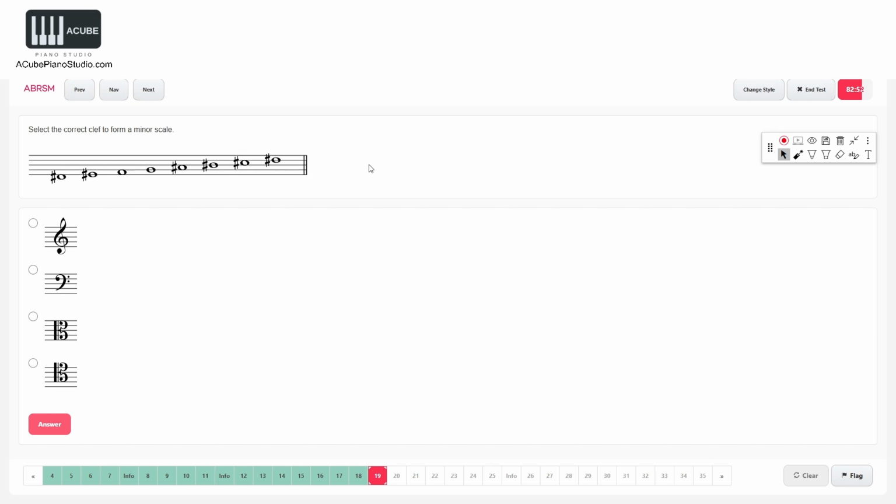Okay, sharpen. If you have to look at your key signature chart, for minor keys with sharps, it is A, E, B, F sharp, C sharp, G sharp, D sharp minor, something like this.